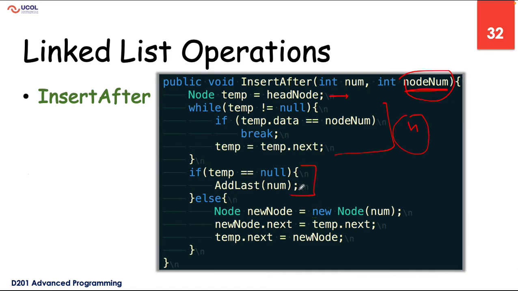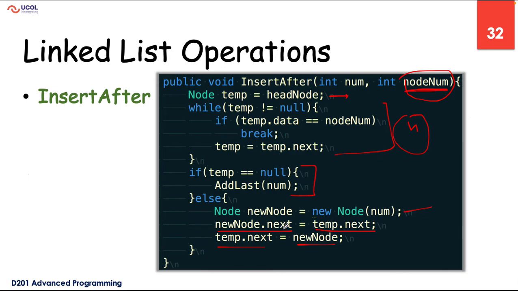And if it is not the case, we have found that number, then we create a new node. The next of the temp pointer will go into the new node dot next, because by default it is null, so we are pointing that particular specific pointer, and then we say that temp dot next is equal to new node.